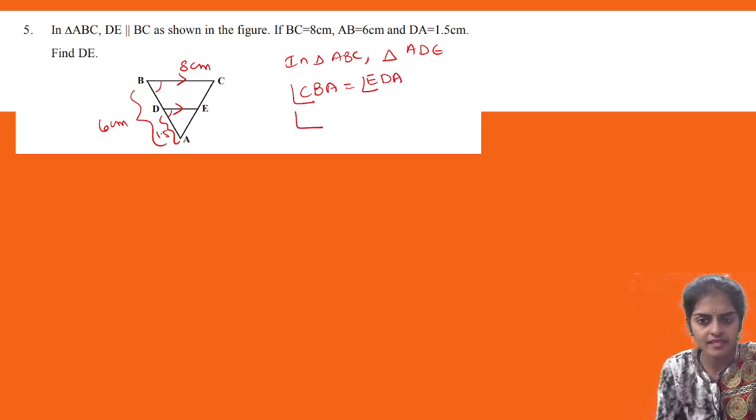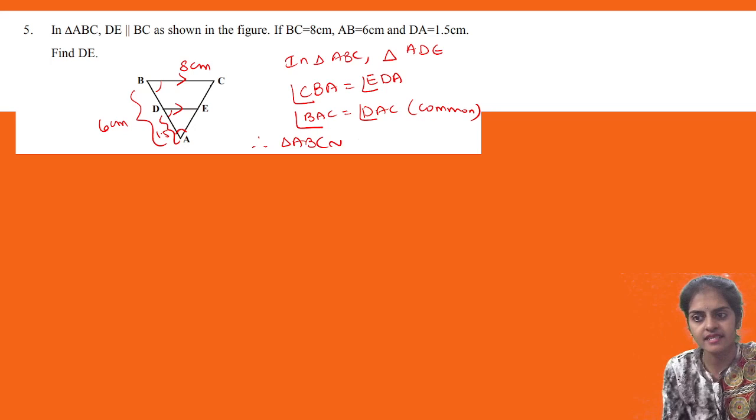And also angle A is common for both the triangles. So angle BAC equals angle DAE. They are common angles. Therefore I can say triangle ABC is similar to triangle ADE.